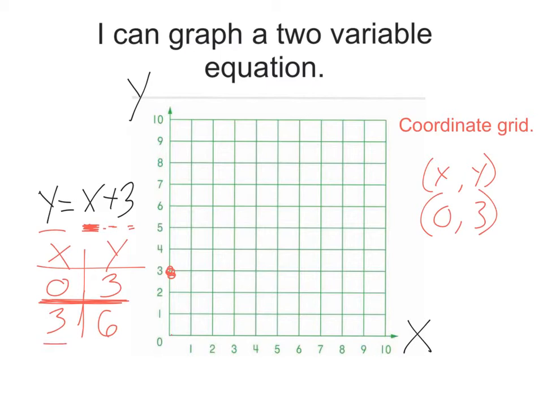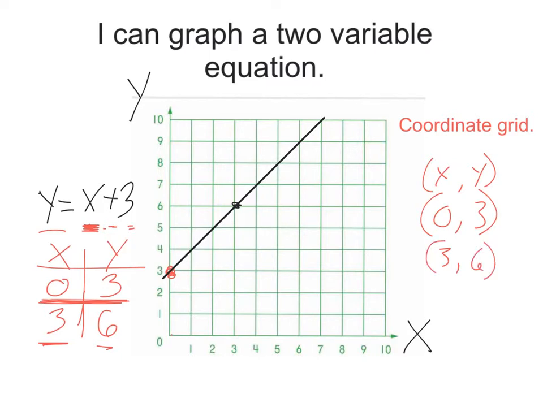Then I would go to 3, 6. So I'll go over 1, 2, 3, there's 3, and up to 6, and plot my point there. And I will put my line in. So there's my line, and I plotted points 0, 3 and 3, 6.